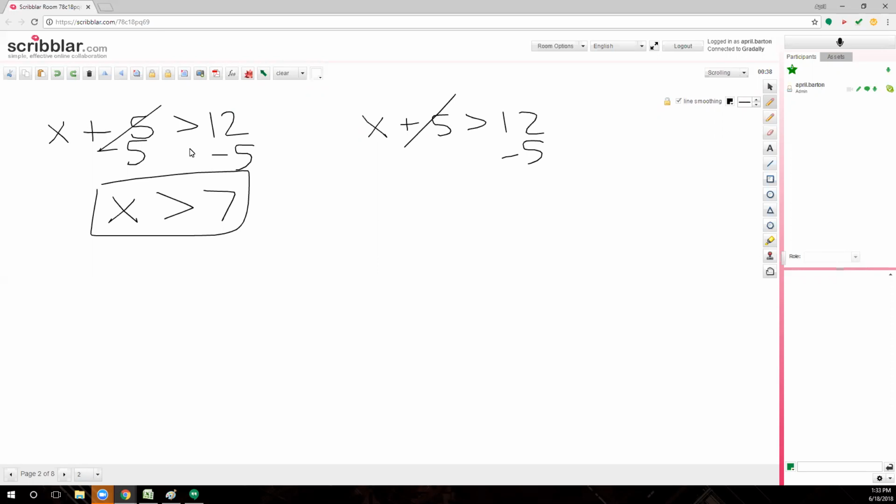Any number bigger than 7. Remember, this symbol means greater than, and I guess I should have started with what each symbol means. Less than is when your pointy part is facing to the left. To me it looks like a sideways L, so that's how I remember less than. Less than or equal to has a line underneath.